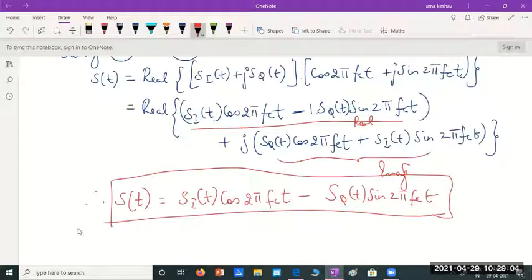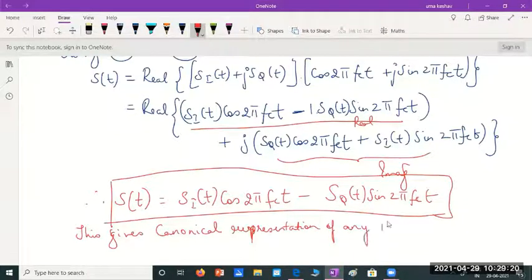So this gives the canonical representation of any band pass signal. Please understand, based on this only we wrote the expression for narrowband noise.